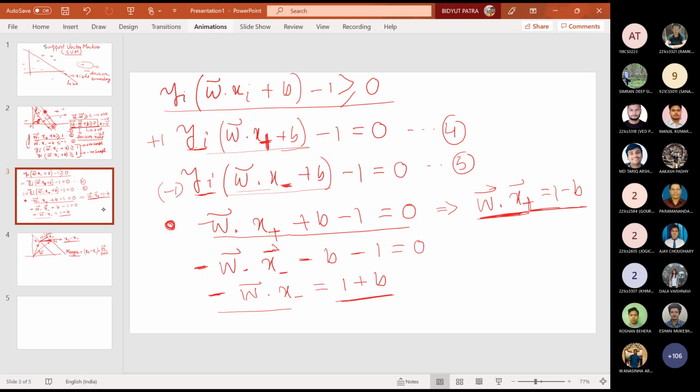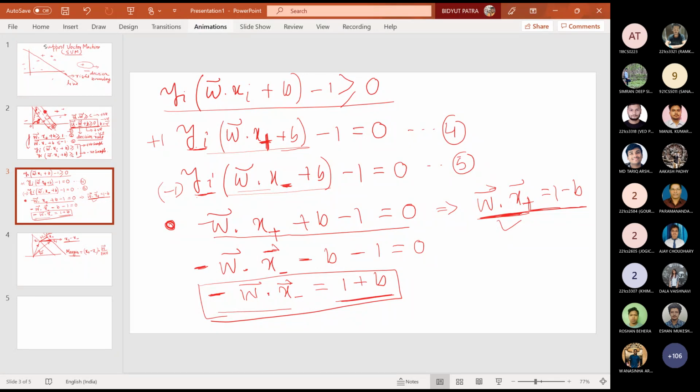This was earlier also -1, so it will be 1. Now the value of minus w dot x negative sample is nothing but 1 plus b. So therefore we have two things here. The value of this one is 1 minus b and this one is 1 plus b.